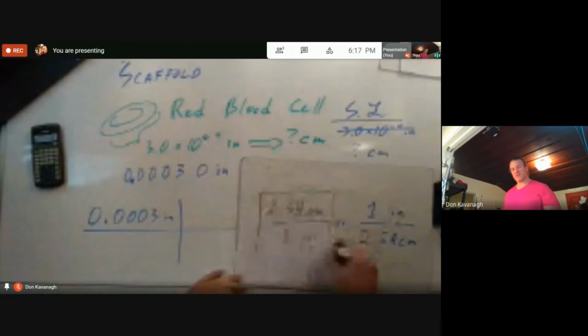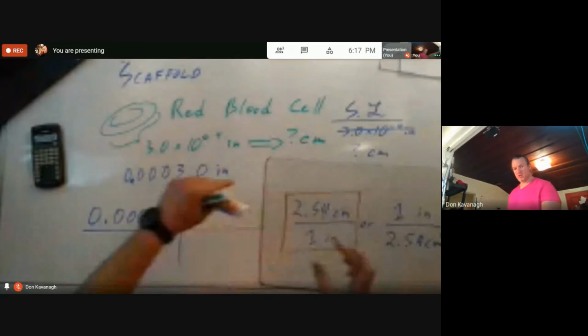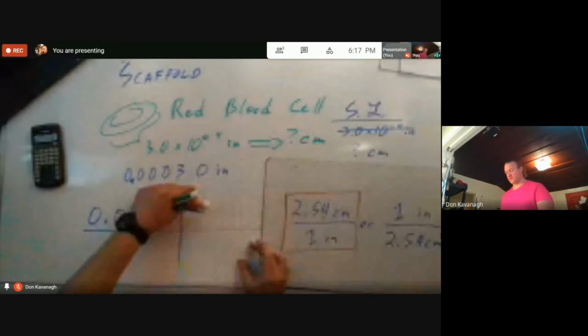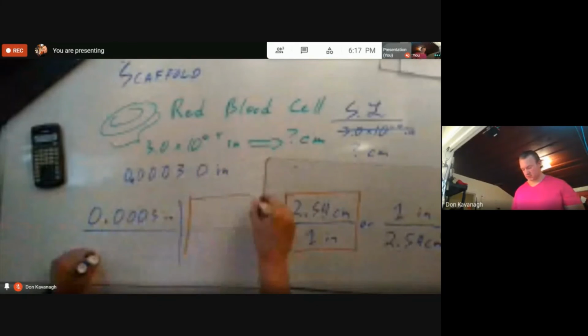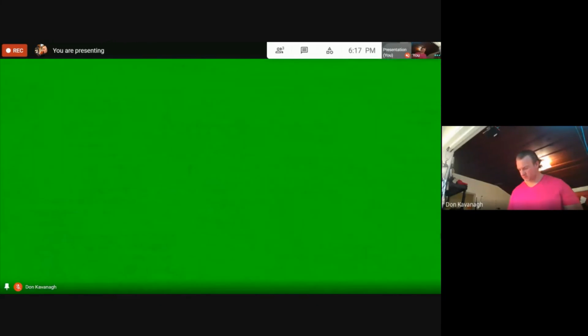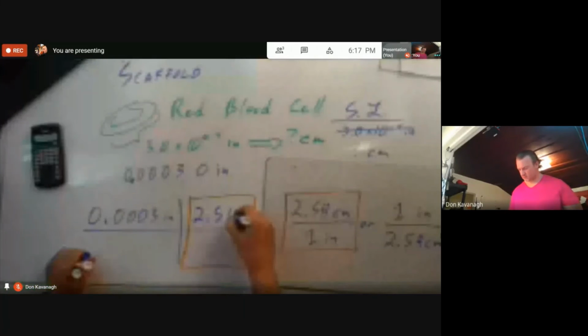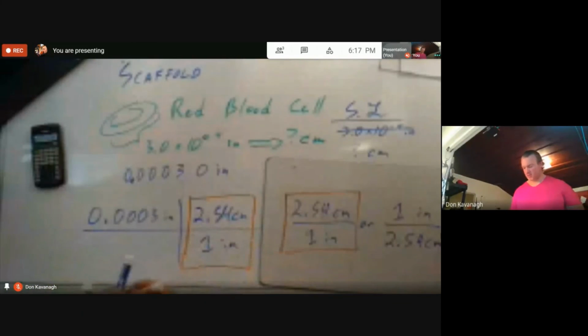This one here fits the bill, so I'm going to lift this up and write it into my scaffold, plop it down. Top cancels out bottom.